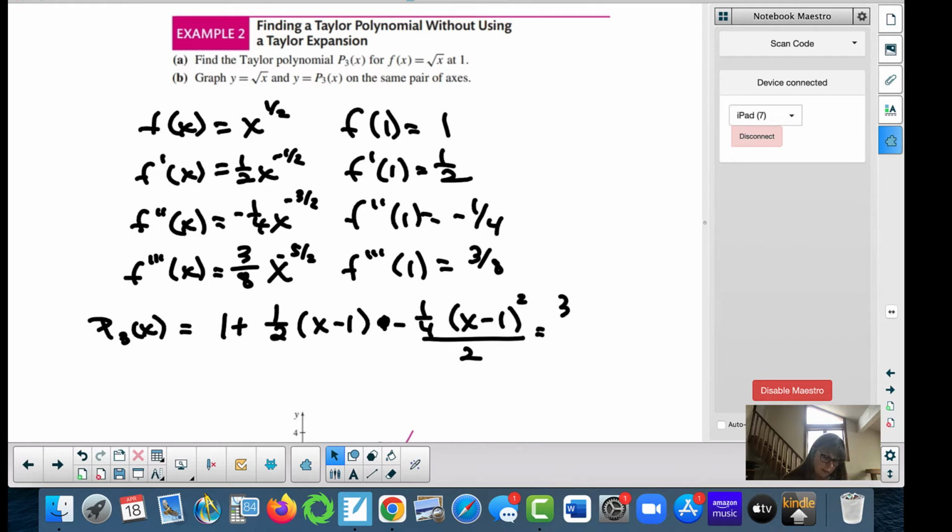And then this value, x minus c cubed over 3 factorial, which is 6.